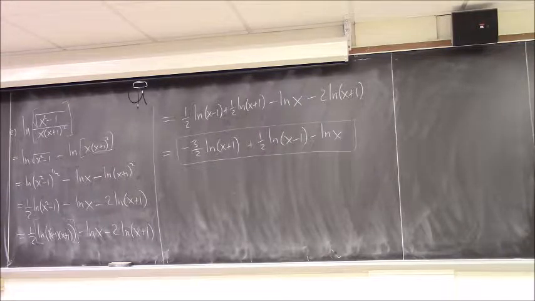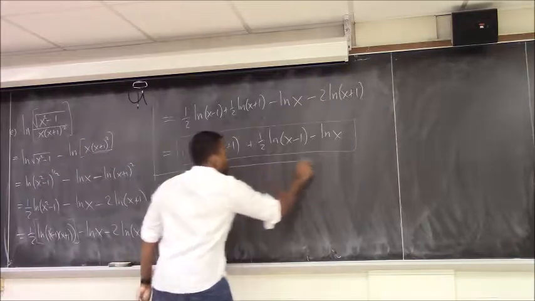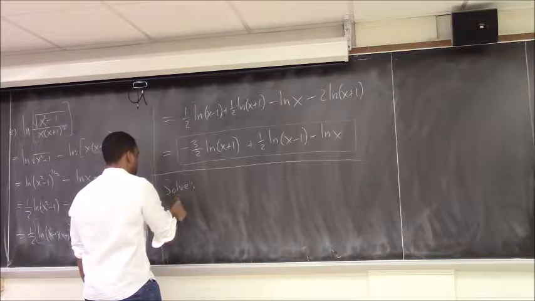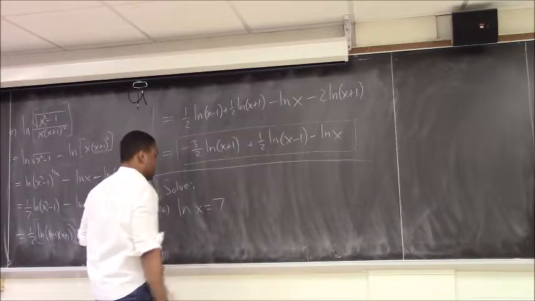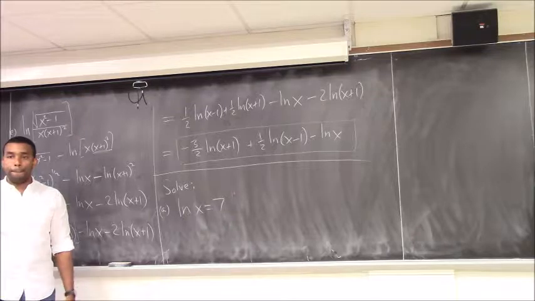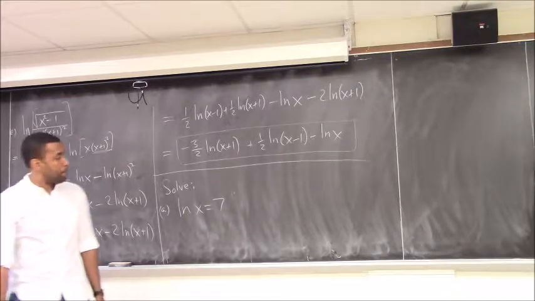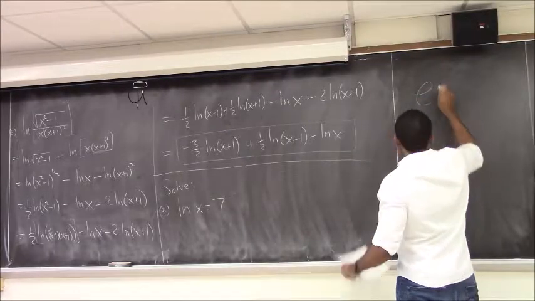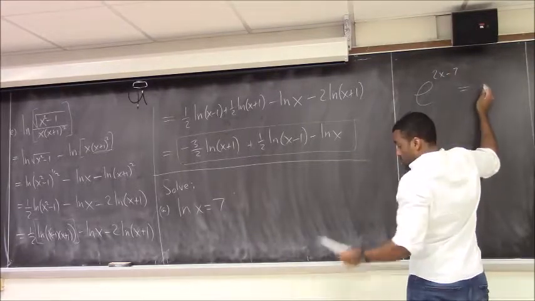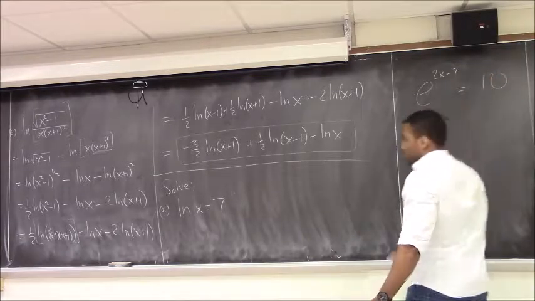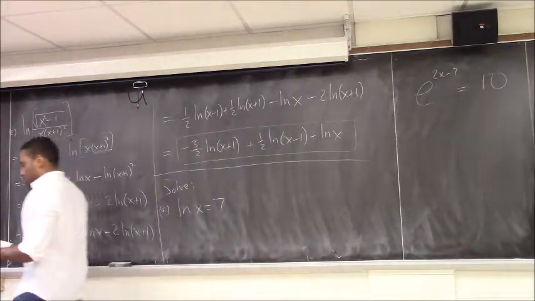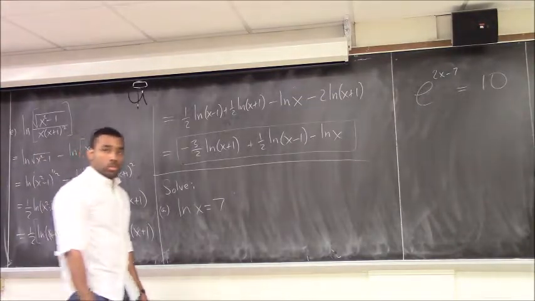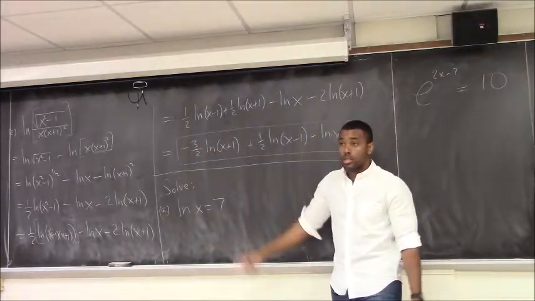So let's get to the solving equations part. ln x equals 7. Solve it. How do you solve this for x?